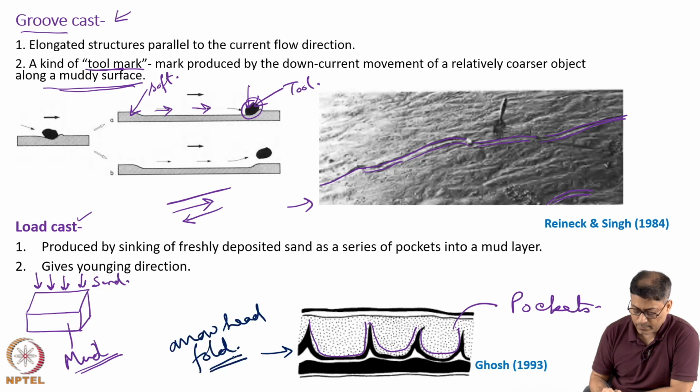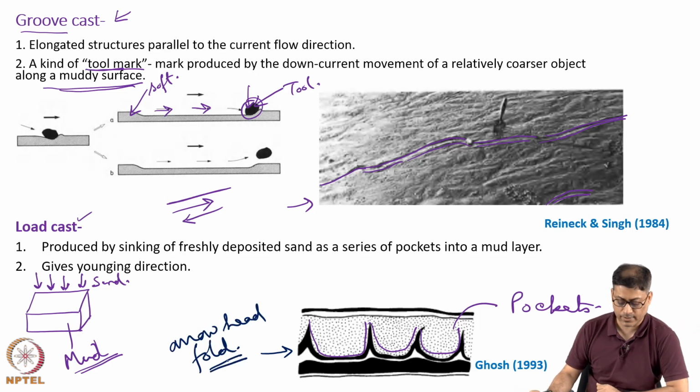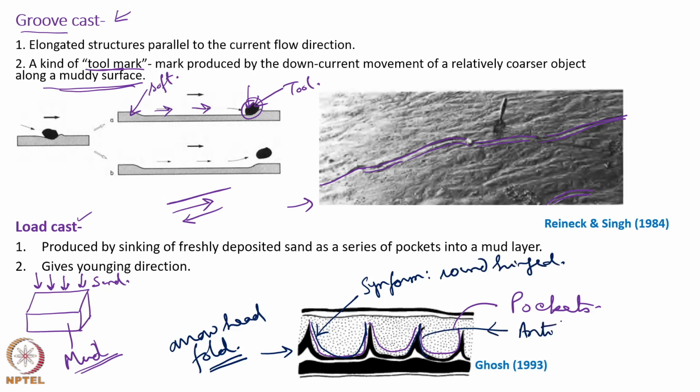This fold is a primary folding, it is a primary structure. It is not produced by any tectonic deformation. They have round hinge folding over here. So, if I call this portion a synform, then it is round hinged, and if this is designated as an antiform, it is sharp hinged.